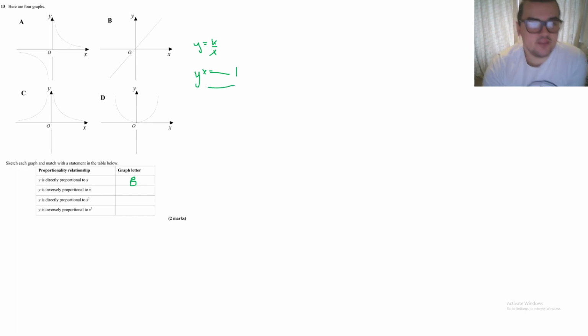So we're looking for something where we want 2 positive numbers or 2 negative numbers multiplied together. So if x is 1, y would have to be 1. If x was 2, y would have to be a half. If x was minus 1, y would have to be minus 1.